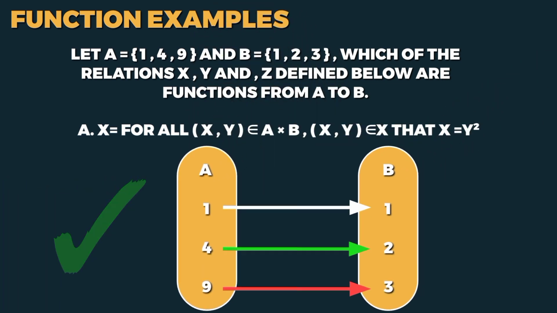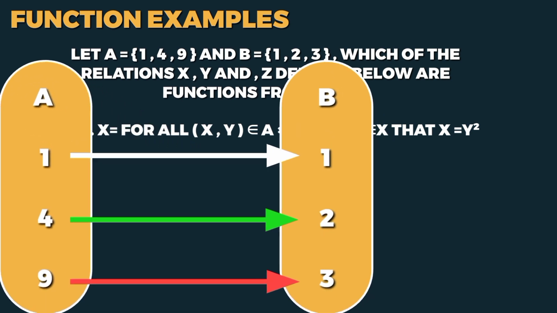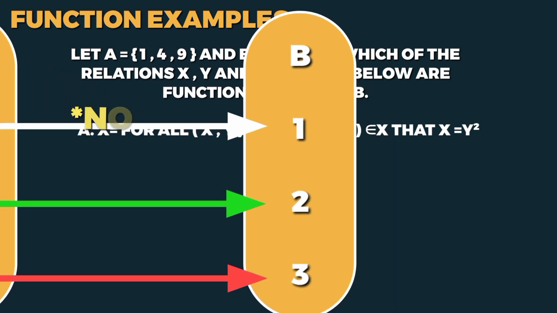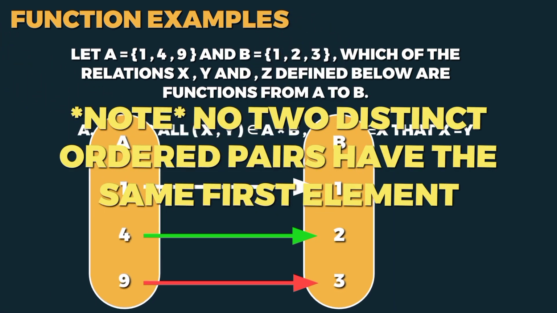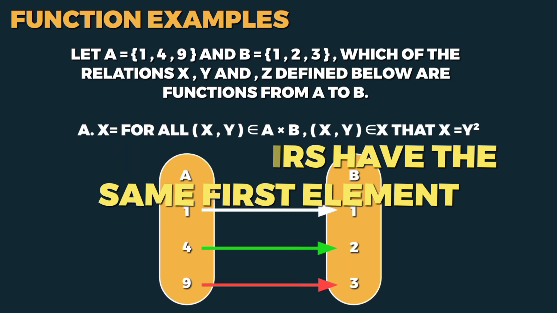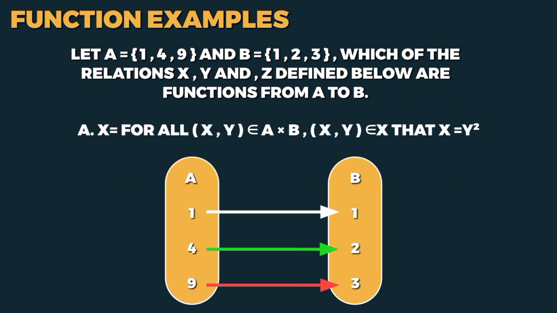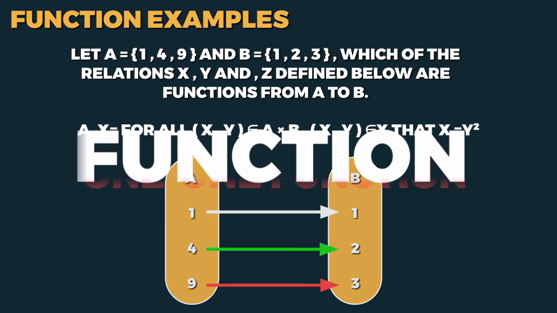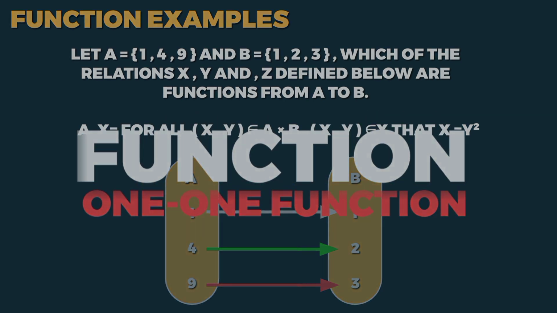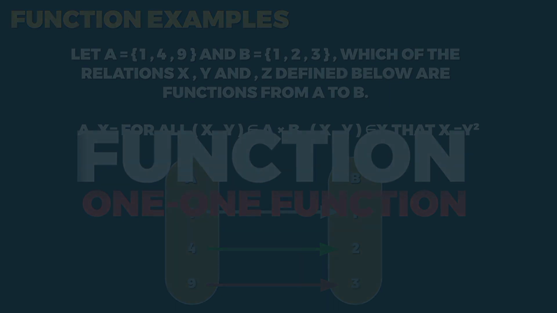So check for the first property. How about the second property? No two distinct ordered pairs have the same first element. So let's check. Also check for the second property. So this is a function because it satisfies both properties of a function.